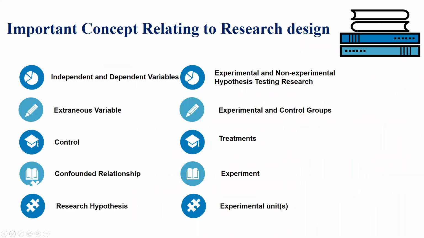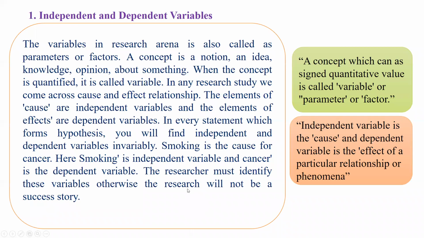Now we'll see what the important concepts relating to the research design are. These are the terms, the concepts, almost all relating to the research design. While you are designing the research, you will use these variables. We'll see one by one what exactly each represents. The first one: independent and dependent variables. What is the independent variable?